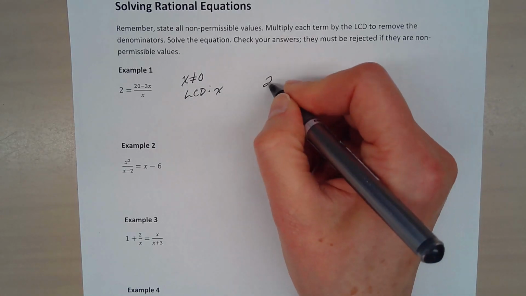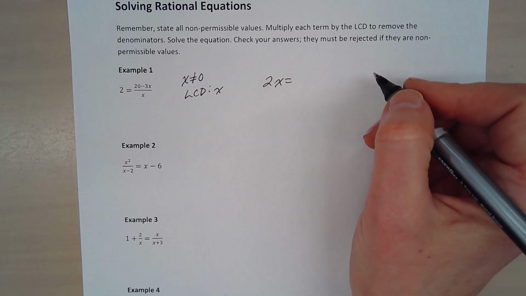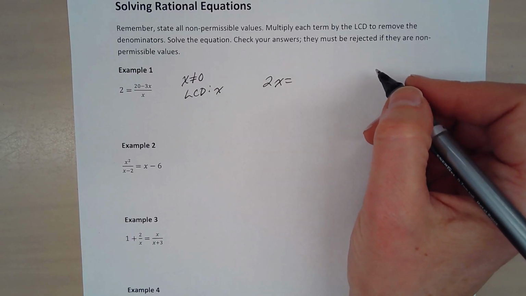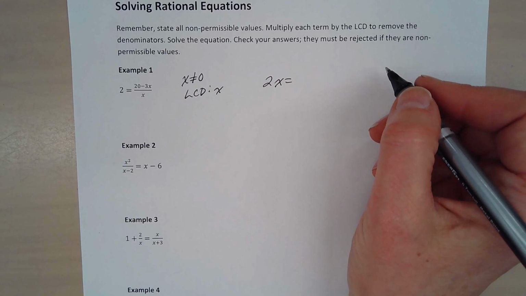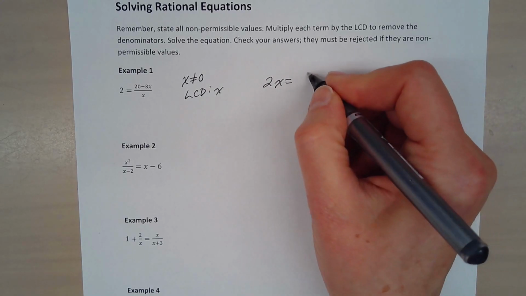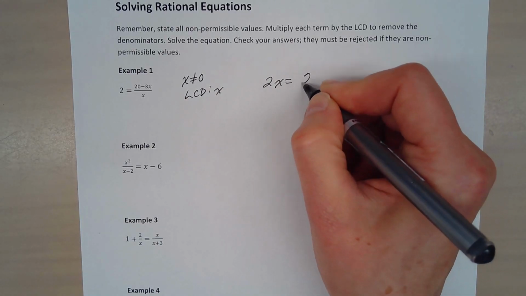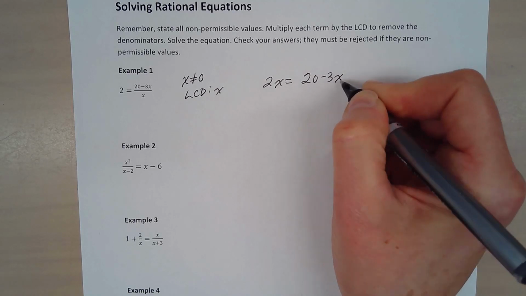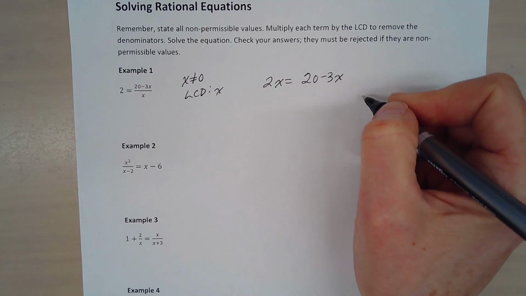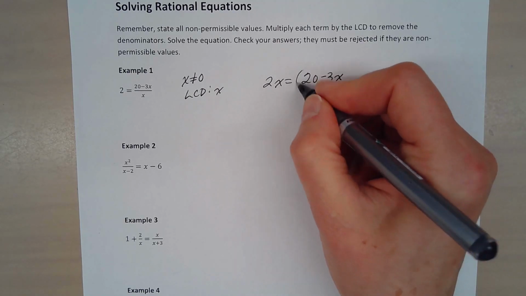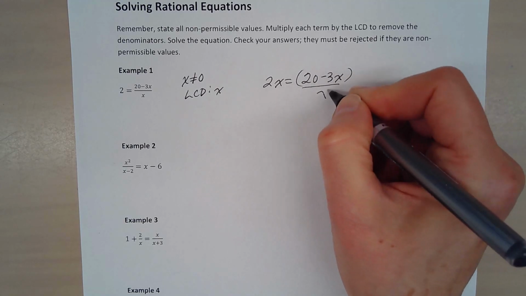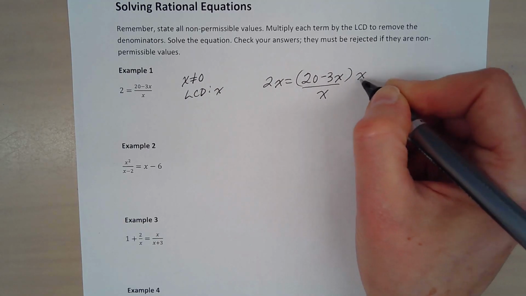So I get 2x equals, oh no, it's here. What's going to happen over on this side? 20 minus 3x? If I had an x here and I'm multiplying by x, those just cancel out.